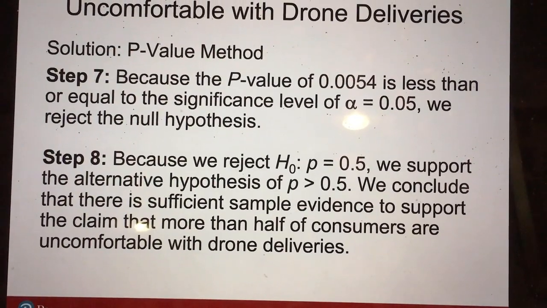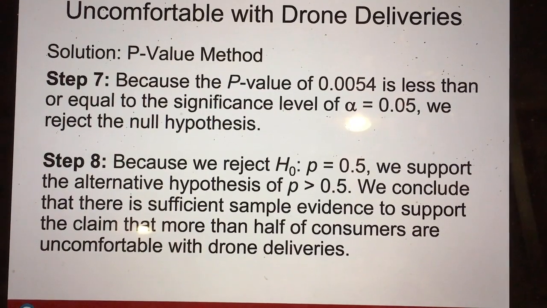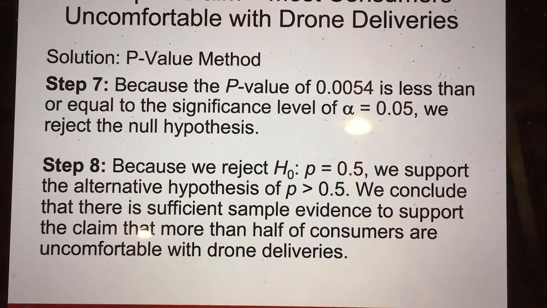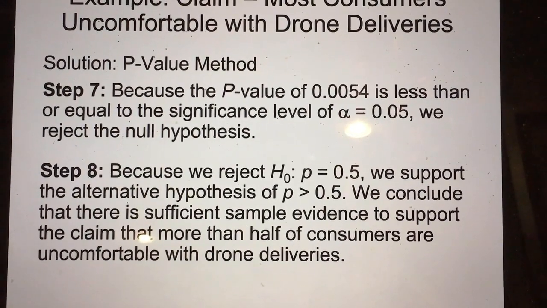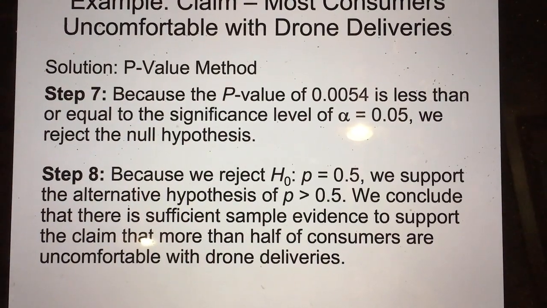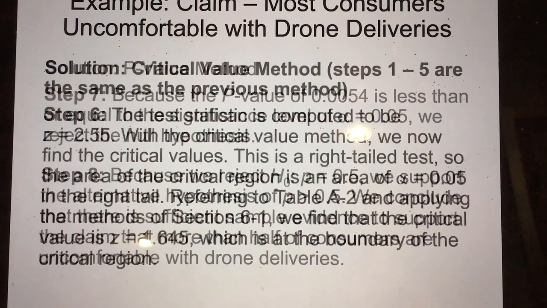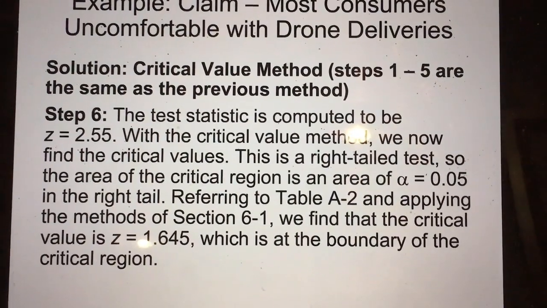And then we can support the alternative hypothesis, P is greater than 0.5. We conclude that there is sufficient sample evidence to support the claim that more than half of consumers are uncomfortable with drone deliveries.